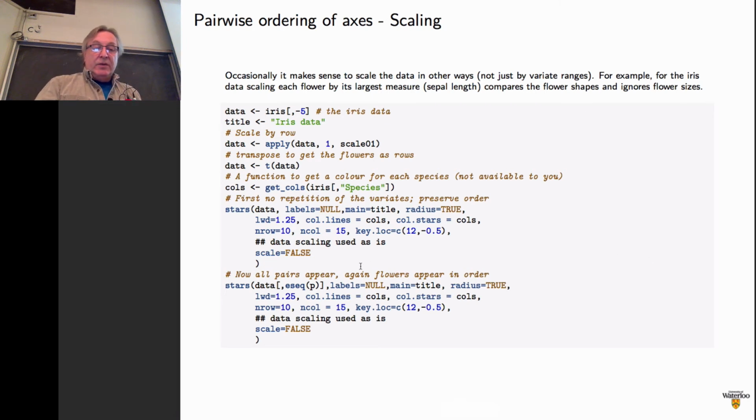So what's happening here is I've rescaled all of the individual flowers to have a 0 to 1 scale. And that means the relative size of the flowers is going to be gone. I'm not going to look at different sizes of flowers, and we'll see that the scaling is false. So first look at the case when I've got no repetition of variates.